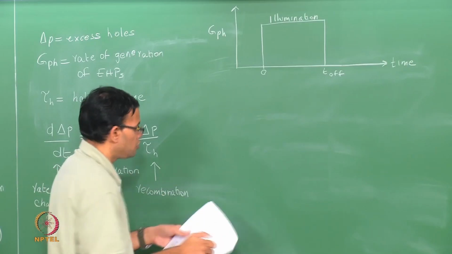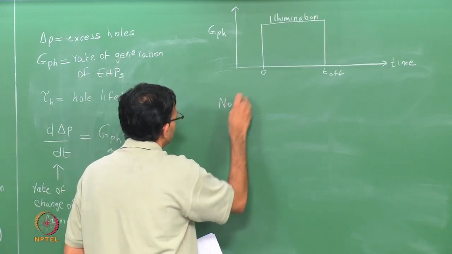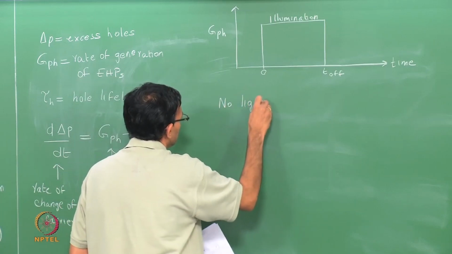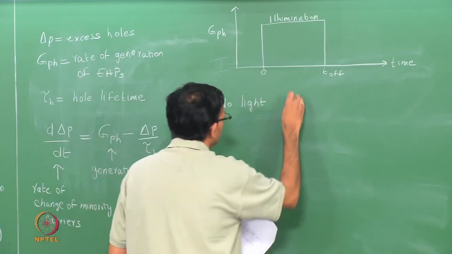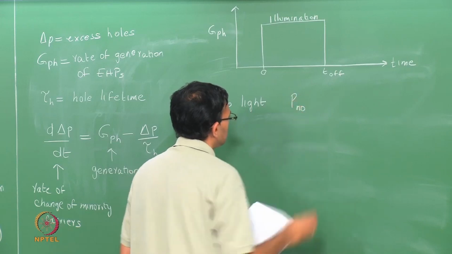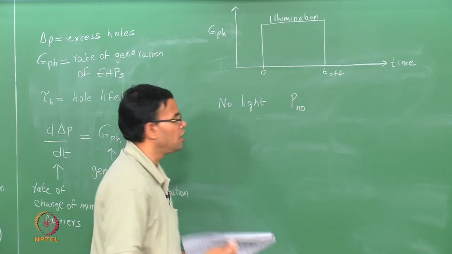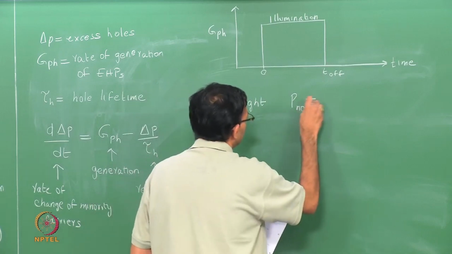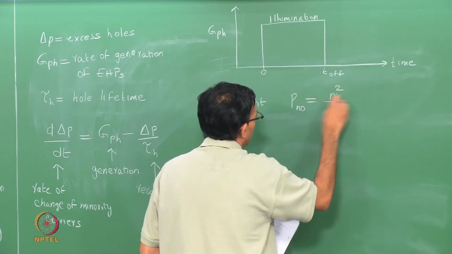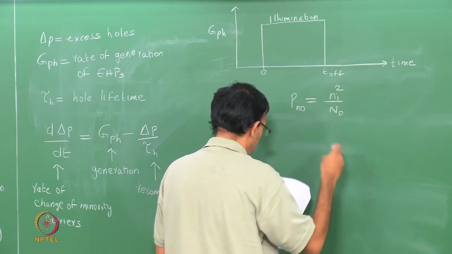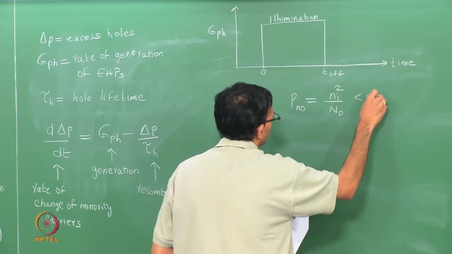The question we want to know is what happens to the minority carrier concentration in this process. When there is no light initially, P N naught, which is just the concentration of holes in your n type semiconductor, is Ni square over Nd, which is much smaller than Nd.